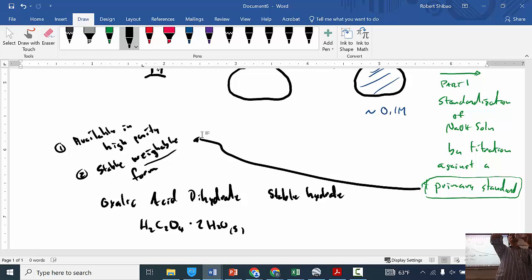You could open the top window and tare this and zero it, and then add it directly to this. But we don't have a funnel here. If we had a funnel, it might be easier. So there you have two options here. Option one, we weigh it into a transfer beaker like this, and so we tare the beaker and then add it to this, and then we transfer it over here into our flask, and then just wash it in with a spray bottle, any residual crystals stuck on here. That's option one.